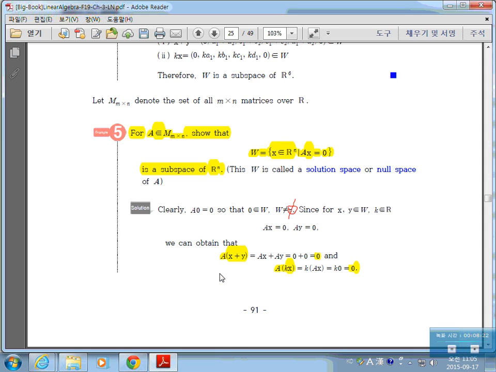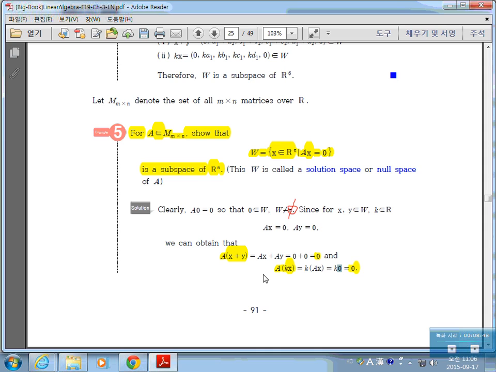Is it true? A times (X plus Y) can be written as AX plus AY. AX is 0 and AY is equal to 0, so this is a 0 vector. So X plus Y satisfies this, which means X plus Y is in W. And A times KX can be written as K times AX, but AX is equal to 0, so K times the 0 vector is a 0 vector.